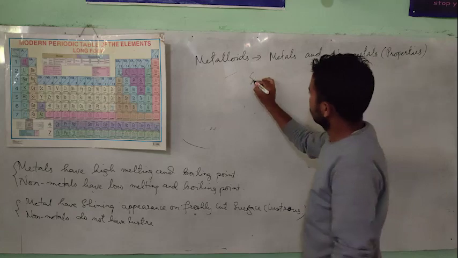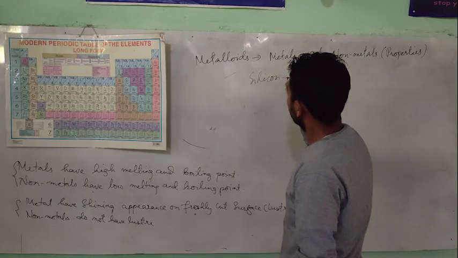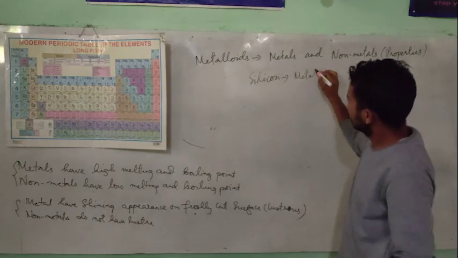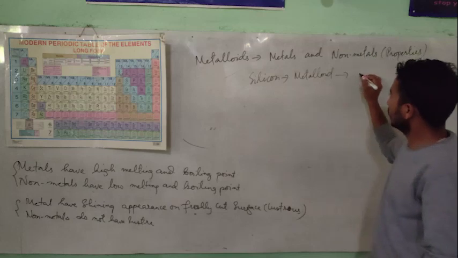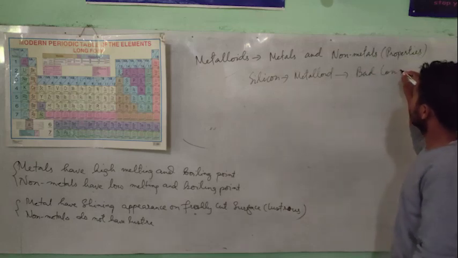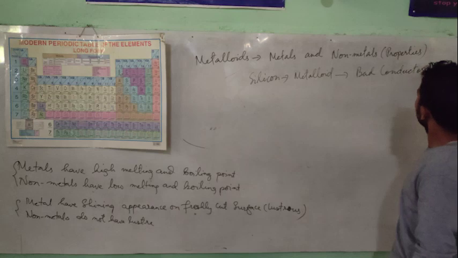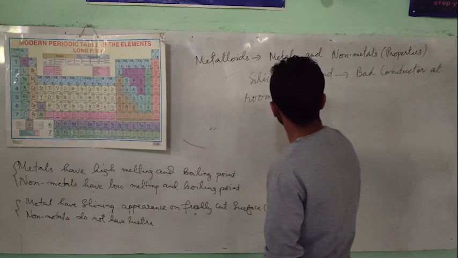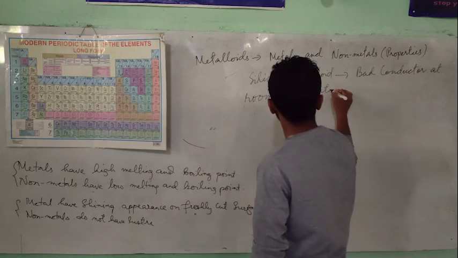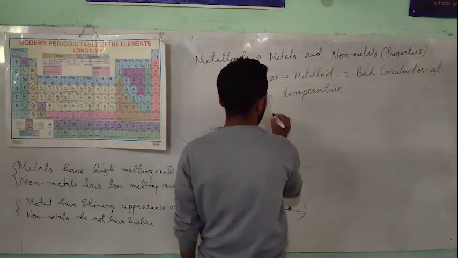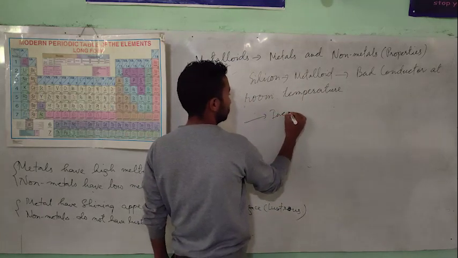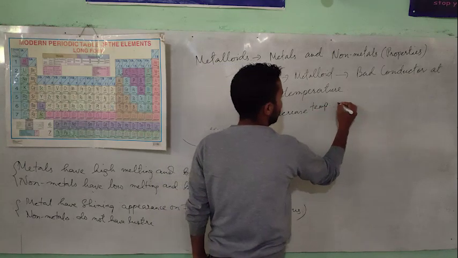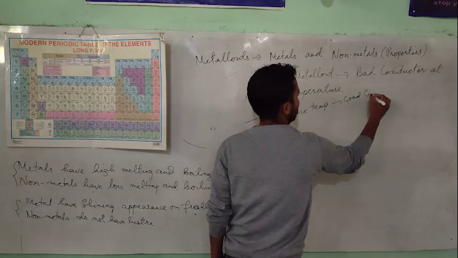Let's take an example, silicon. Silicon is a metalloid, and it is a bad conductor at room temperature, but when you increase the temperature, it becomes a good conductor.